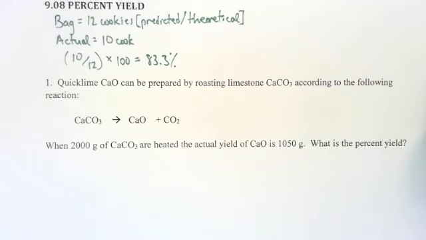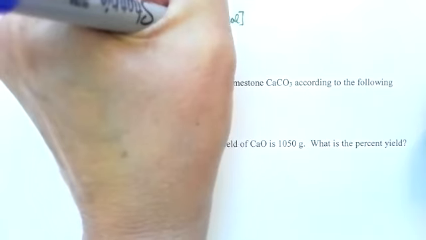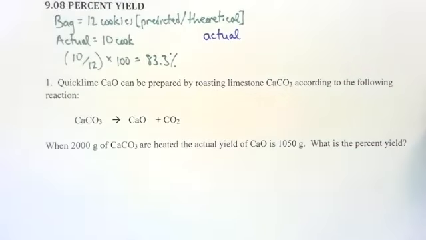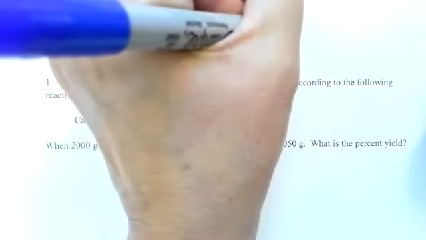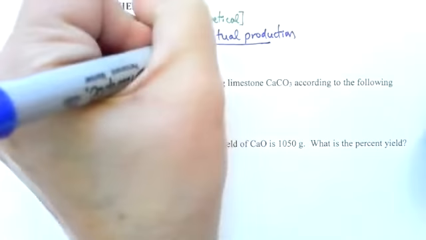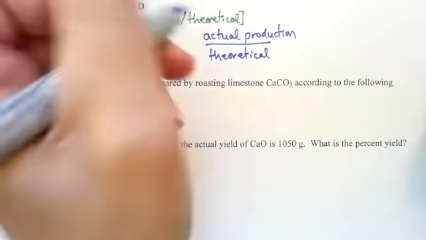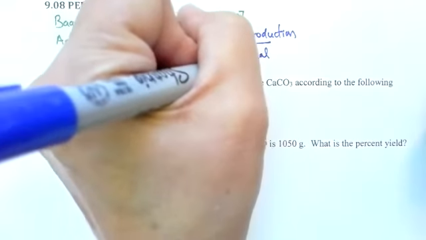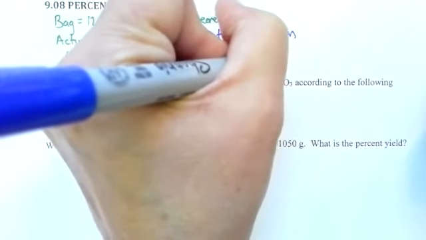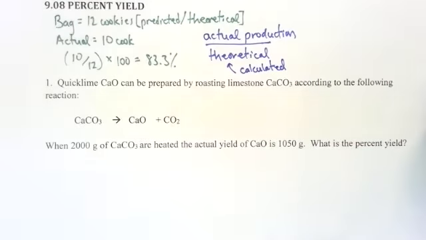The percent yield is defined as the actual produced, the actual production, divided by the theoretical, and in brackets I'm going to put, another way to say this is the calculated. So when we do a stoichiometric calculation, we're calculating under the optimal conditions.